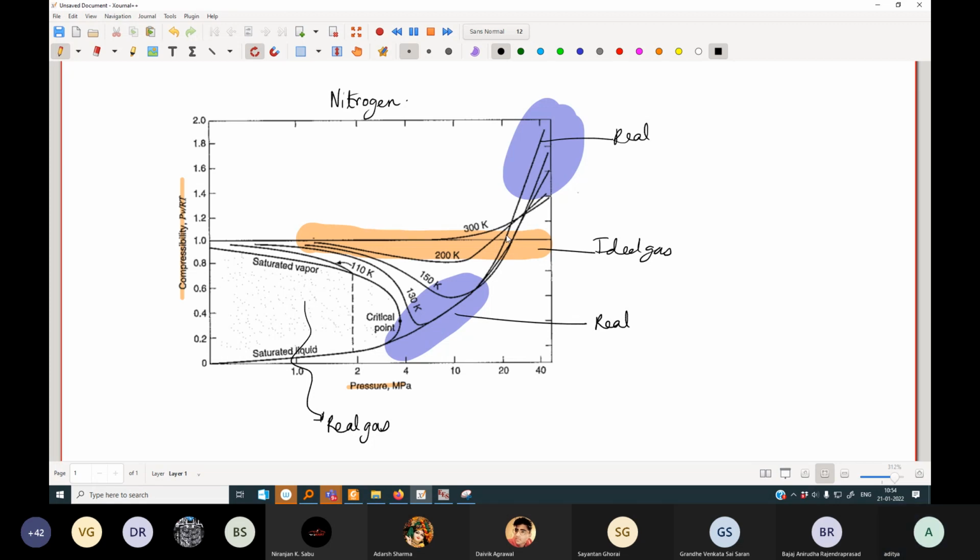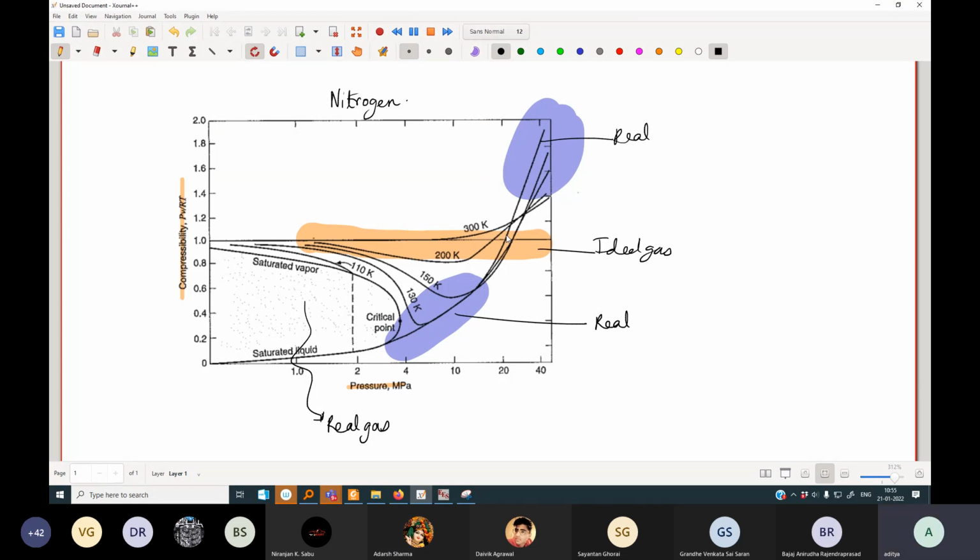And the points at which these curves are cutting compressibility factor Z equal to 1, they are Boyle's temperature, no? So the points at which Z is equal to 1, what are those points called? There's a special name for it, no? Oh, I don't know.